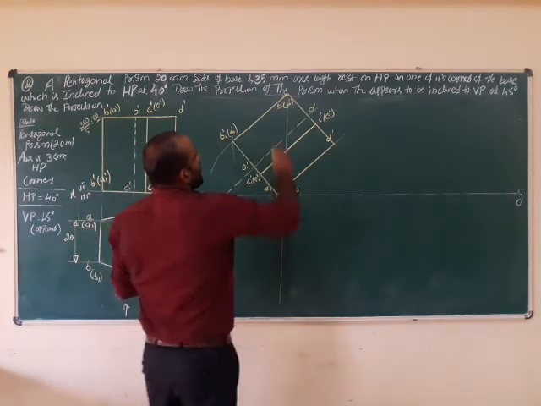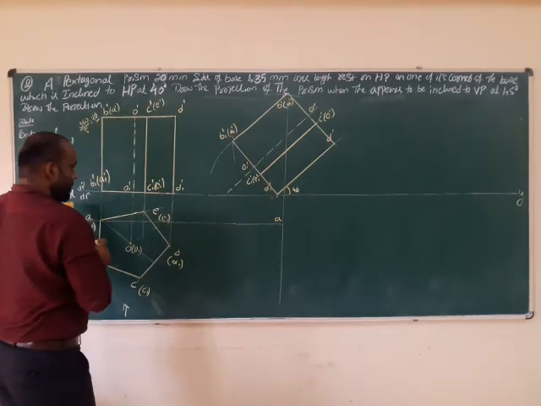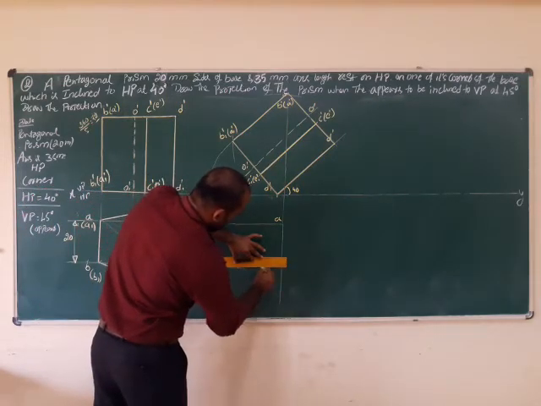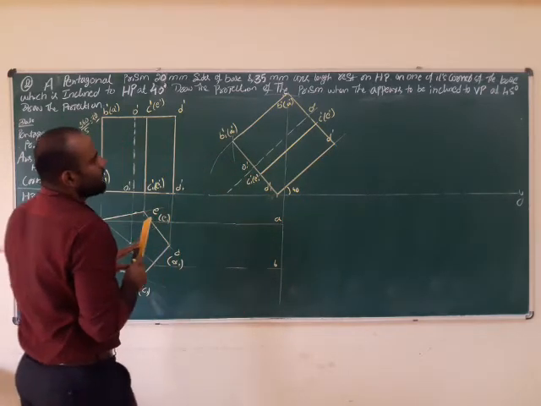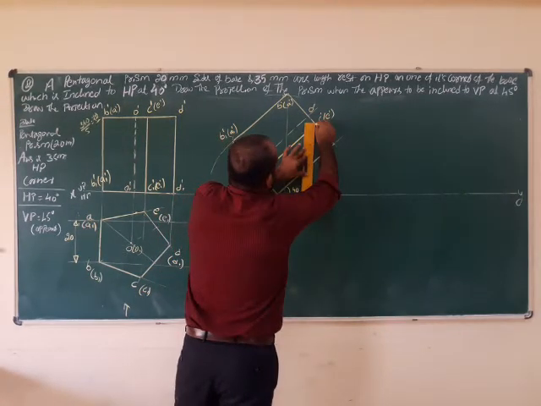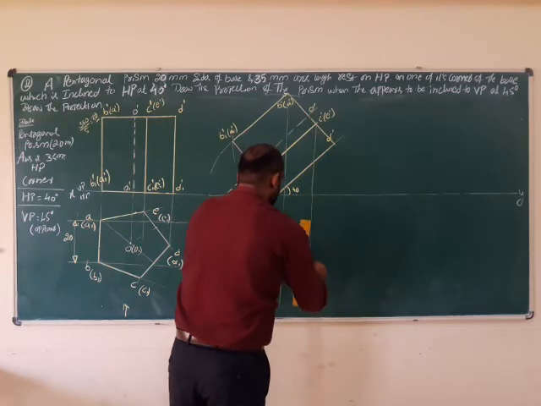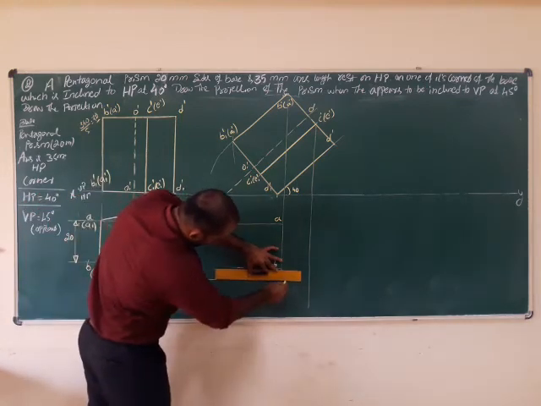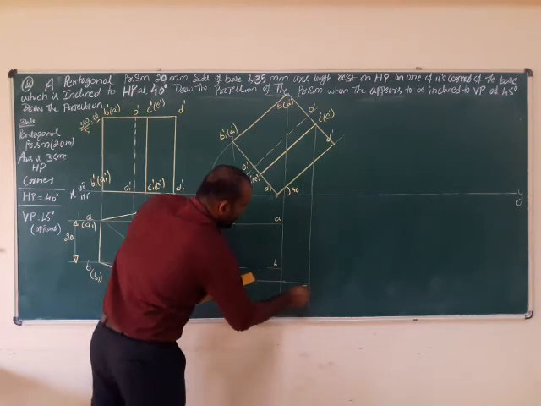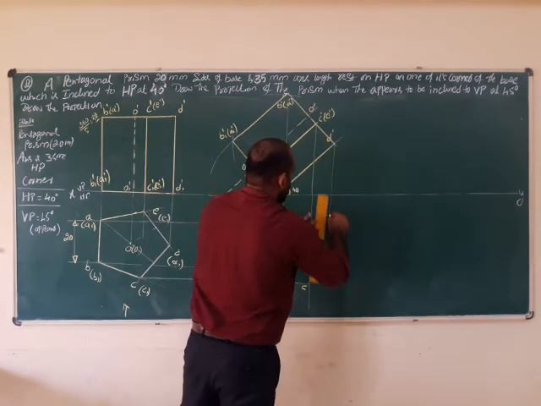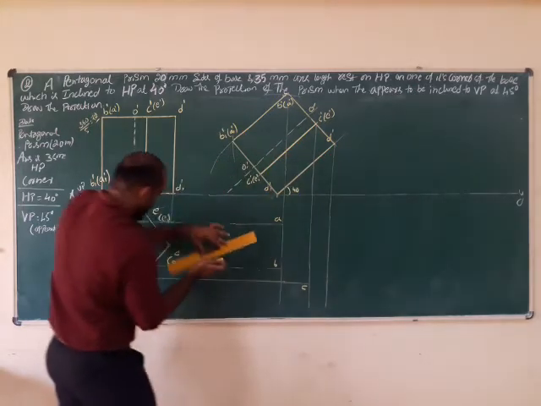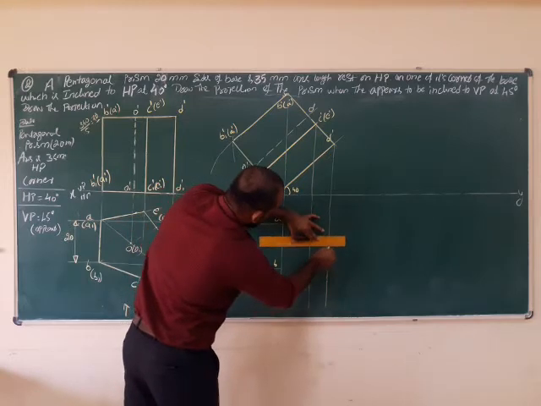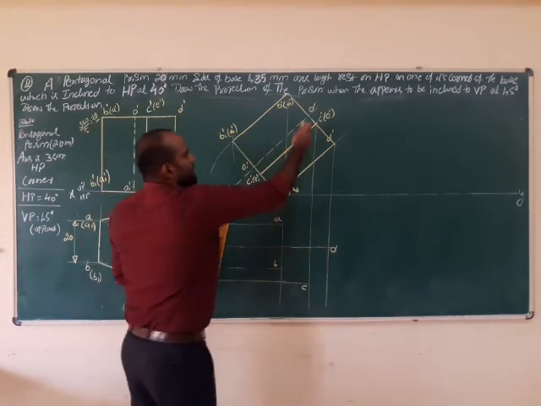Next to B. B is the same line, so this point is called B. Next to C. The last line is called C. Project C. Next to D. This point is called D. E is the same line.